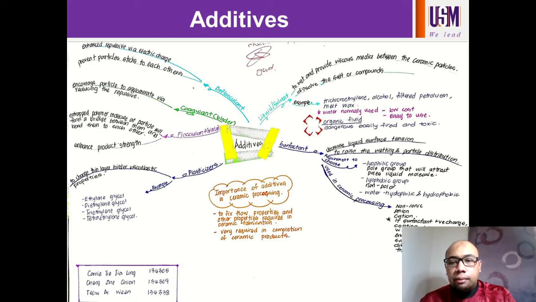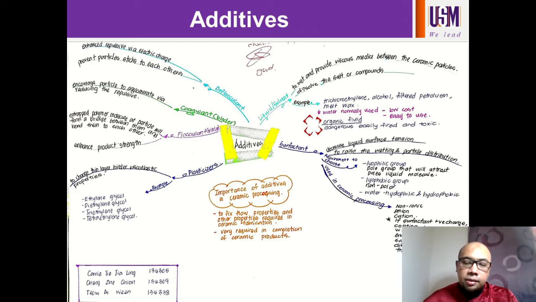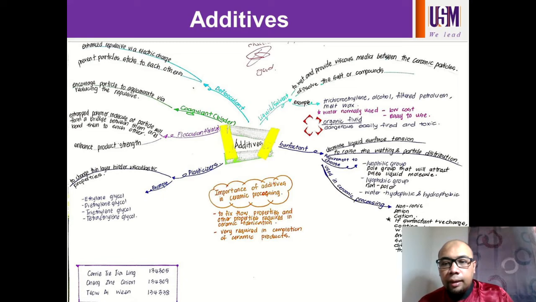This mind mapping was prepared by your seniors last year. I think I can take this as a good example to explain the function of additive during the milling process. Additive has many functions during the milling process. As you can see in the mind mapping, please see the first arrow from the center of the additive.